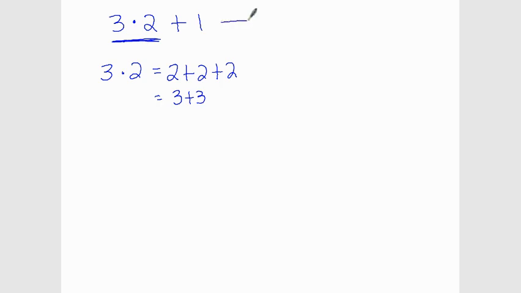So why is it a mistake when people say 3 times 2 plus 1, oh, that's just 3 times 3? Well, because 3 times 3 is 9. But as we can see from these operations, I'm only repeating the addition of 2 or 3. If I roll this 1 into the 2, now I'm saying I'm repeating the number 3 times.